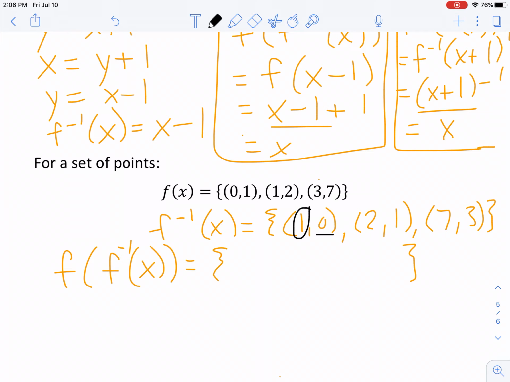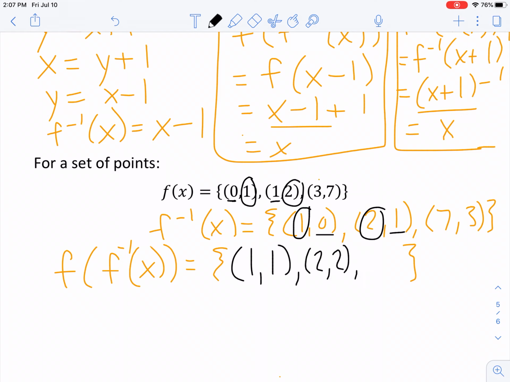And then that becomes my input. f at 0 is 1. So I get 1, 1. 2 gives me 1. 1 gives me 2. So 2, 2. And the order is important here. 7, 3 gives me 3, 7. So 7, 7. So whatever x values are in my first function, or my inner function, that's what I end up with.